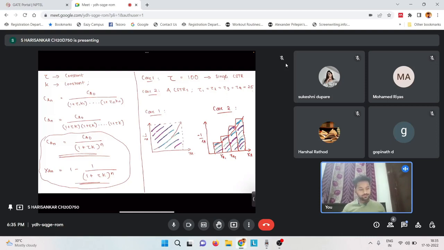Now, another thing that I want to mention is the case 2. Let's take a huge number of CSTRs in series. Let's take an infinite number of CSTRs in series. So what that essentially means is, you'll have a CSTR volume here, then you'll have a volume like this, then like this, like this.